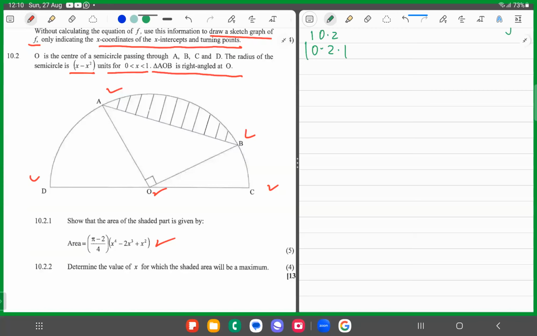Right, so a couple of things are very important here. To get the area of the shaded part, we need to get the area of the segment.